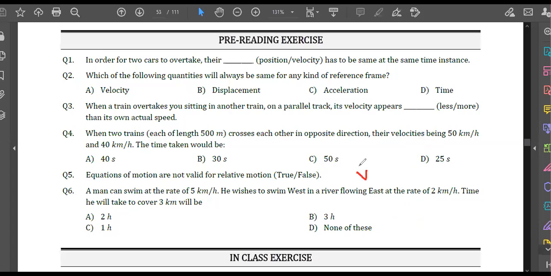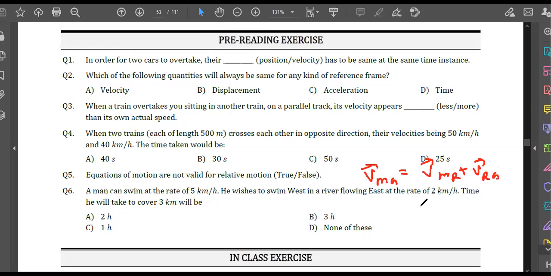Just have to imagine. I'll just use the equation. Velocity of man with respect to ground, because you have to find the velocity with respect to ground. This is velocity of man with respect to river plus velocity of river with respect to ground.